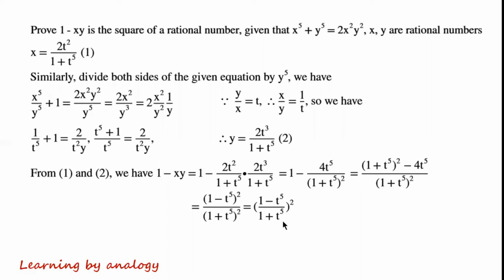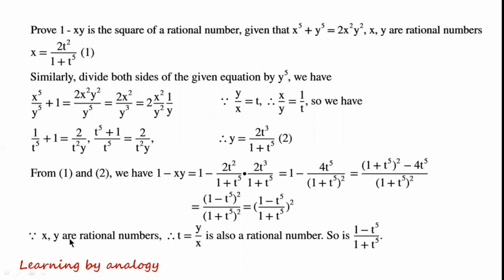We can now write 1 minus t to the power of 5 over 1 plus t to the power of 5 all squared as m squared over n squared, which can be written as m over n all squared, because x, y are rational numbers, so t equals y over x is also a rational number.